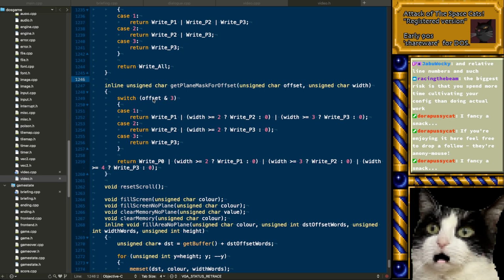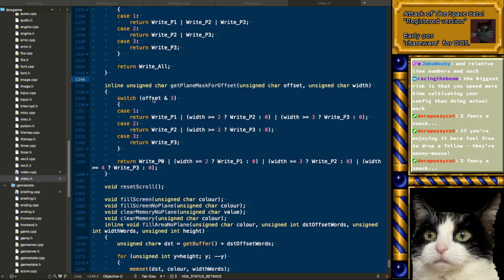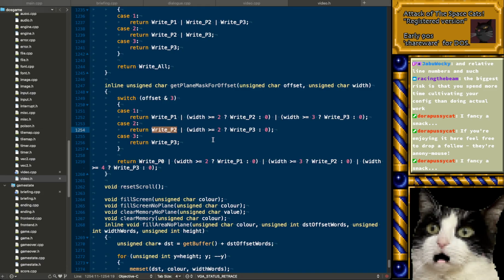Are these numbers all off by 1? If the offset was 0, we would be aligned. If the offset was 1, we'd have to draw 3 pixels. If the offset was 2, we'd only have to draw 2 pixels. Now this does seem correct, actually. Yeah, it is 2. Okay, fine. We write that pixel.